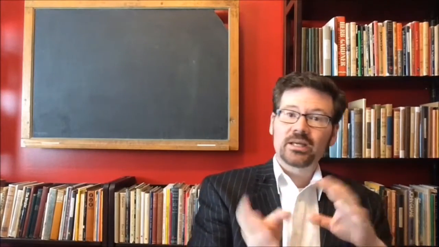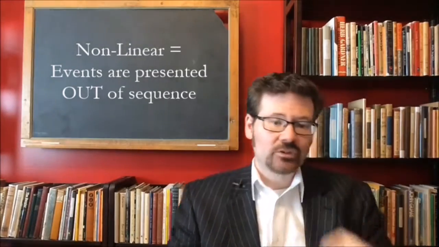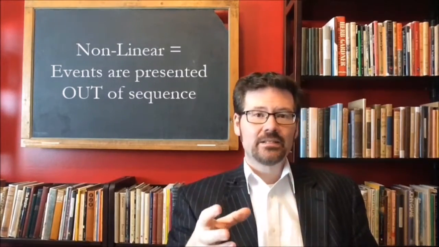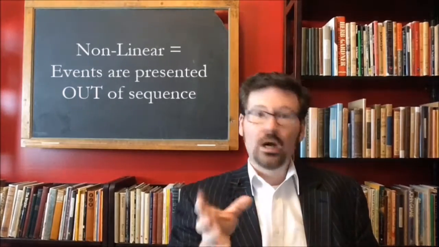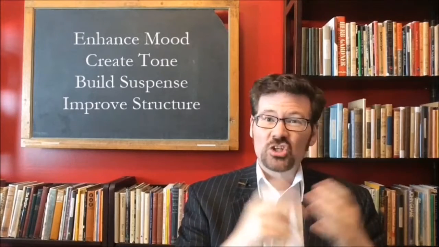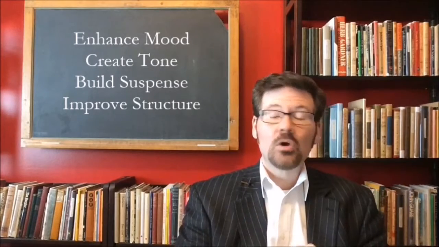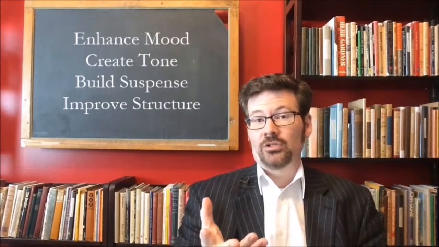But not all. And it can be a very good technique to mix with that a little bit, and that would be a non-linear narrative. A non-linear narrative is a story that's told out of sequence. So the events are presented in some order other than the order in which they would actually have happened in terms of time. Usually that's to enhance the mood or the tone, or build up a feeling of suspense, or to provide correct plot structure.